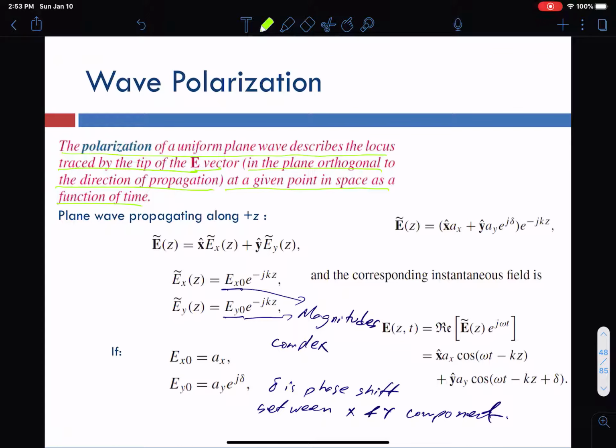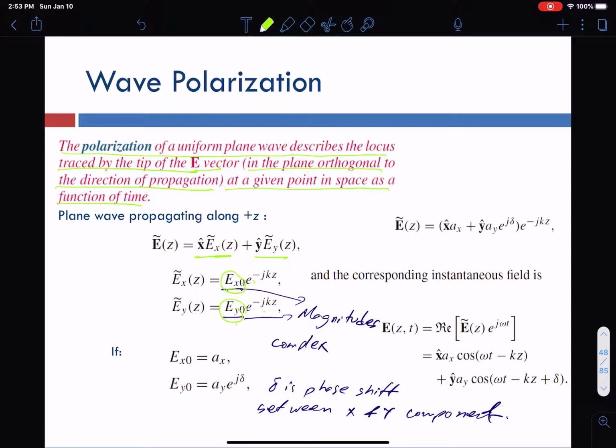So now we have an electrical signal over here. It has an x component and a y component, right? Both in the positive z direction. So this one will be Ex0, with e to the negative jkz, and this is Ey0, with e to the negative jkz, and these are the magnitudes over here.